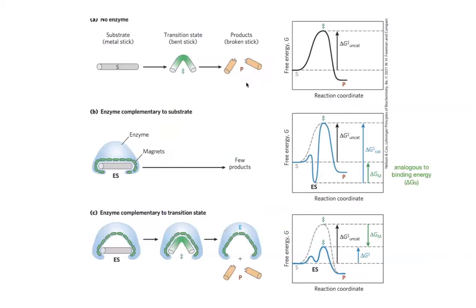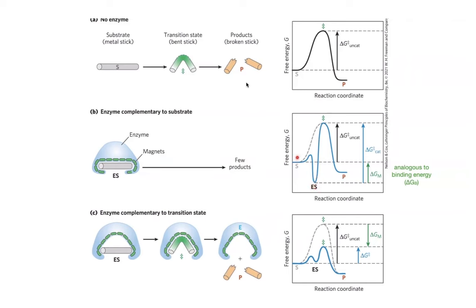So in your book, they're showing an example of this where they're imagining stickies with magnets that are acting to provide the binding energy. And they're showing that if you stabilize your substrate, what's going to happen is that you're going to raise your overall activation energy because you're lowering where you're starting from. And remember that the points on here are representing these intermediates. So this is the complex of the enzyme and the substrate.